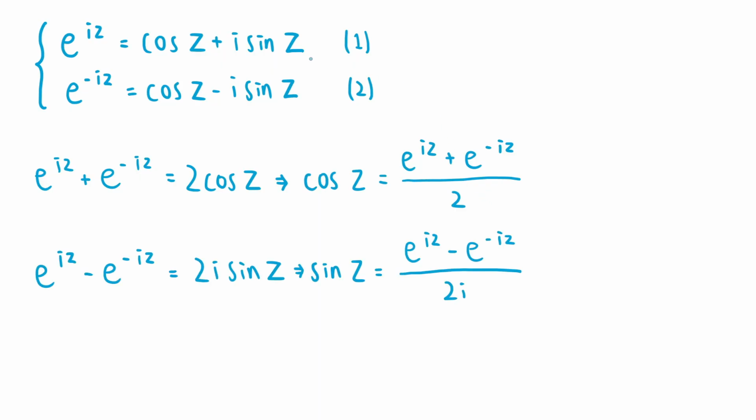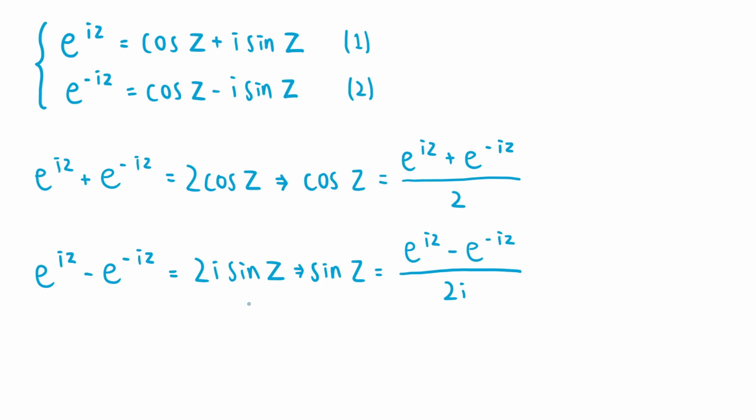If we take the first equation and subtract the second equation, we get e to the iz minus e to the negative iz equals 2i times sine of z, since cosine of z minus cosine of z just equals 0, so the cosine term disappears, and i sine of z minus negative i sine of z equals 2i times sine of z.